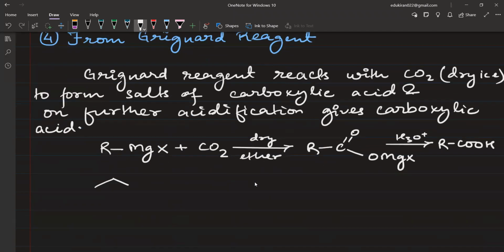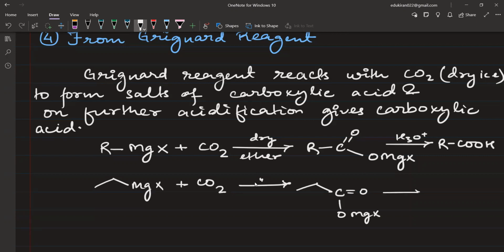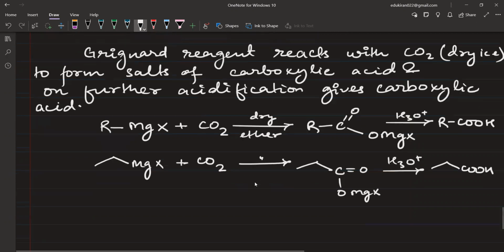यहाँ पे एक reaction ऐसे देख लीजिए आप लोग. You have MgX. Here we have 2 carbon atoms. CO2, dry ether, the 2 carbon, C double bond O, OMgX, in the presence of H3O plus, COOH.